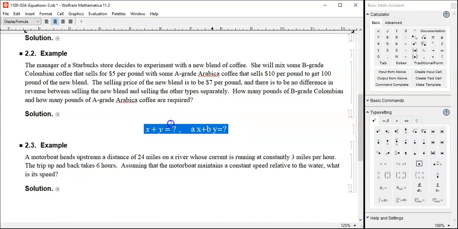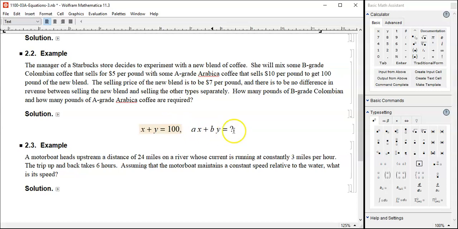Why am I having this font problem here? Okay, that's better. And x plus y, is it clear that x plus y is 100? Okay, alright, that's 100.